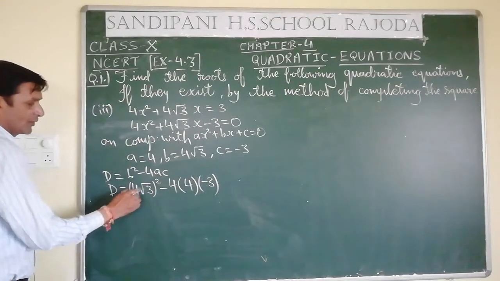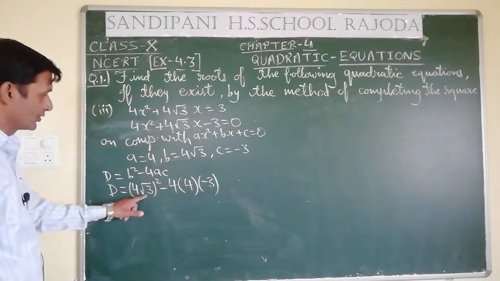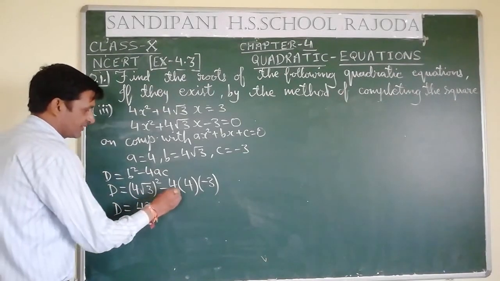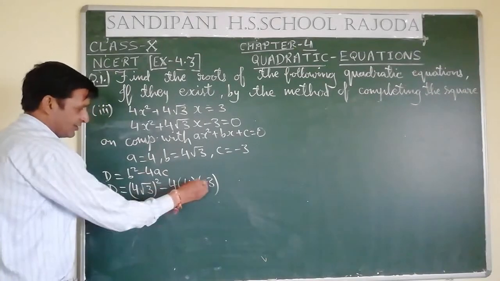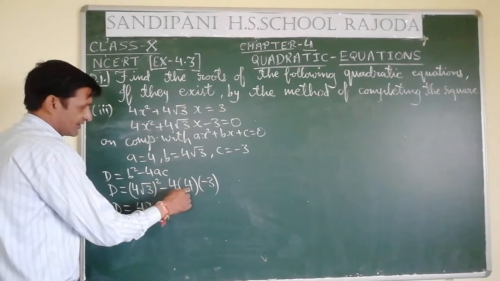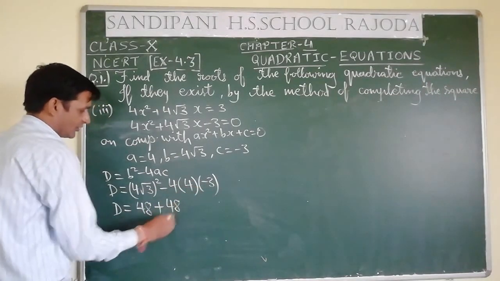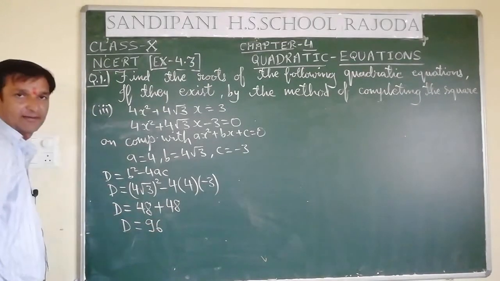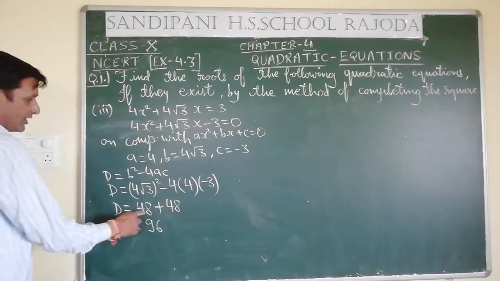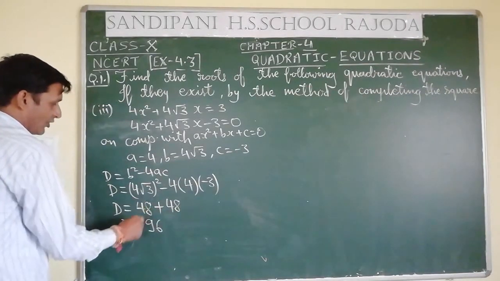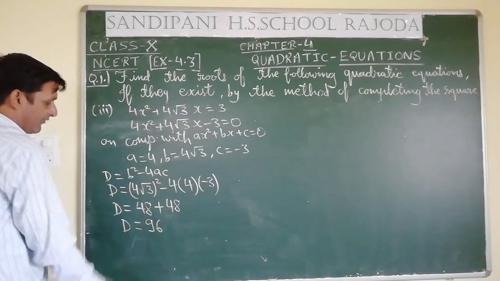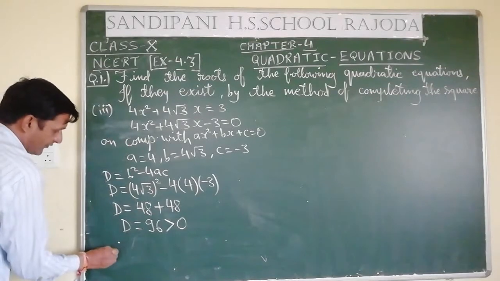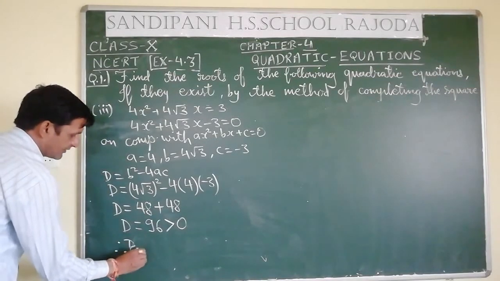D is equal to square of 4 is 16 and root 3 square is 3. So 16 3s are 48. 48 minus 4 4s are 16 and this minus into minus is plus. 16 3s are 48. So it will be D is equal to 96. We can say 48 plus 48. 8 8s 16, carry on 1. 4 4s 8 and 1 is 9. 96. Which is greater than 0. Therefore, roots exist.